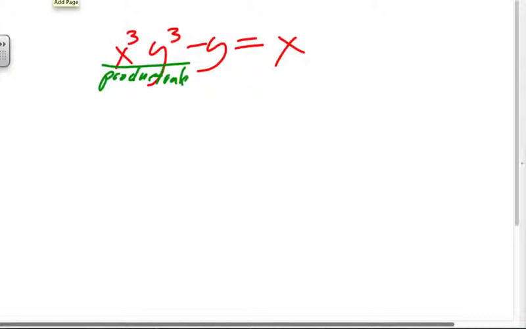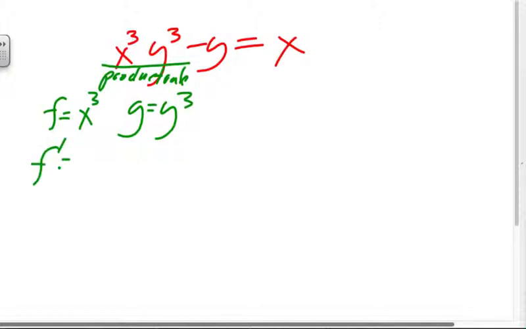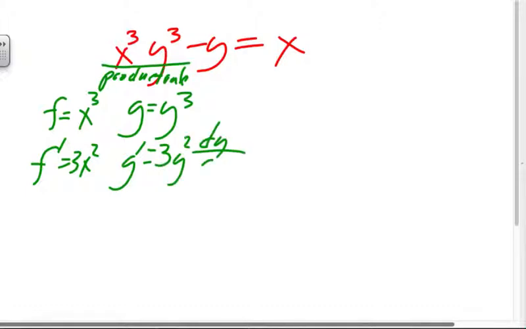Okay, so let's do my product rule first. f is x cubed, g is y cubed. f prime is 3x squared. g prime will be 3y squared times dy dx.